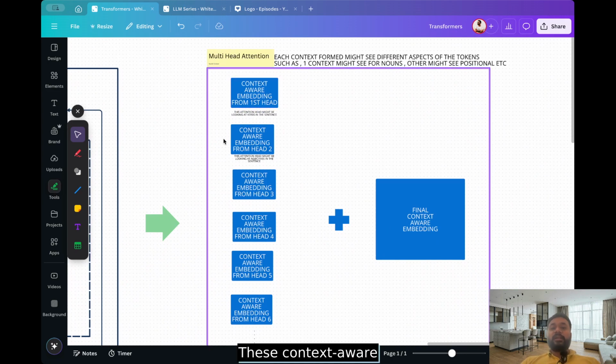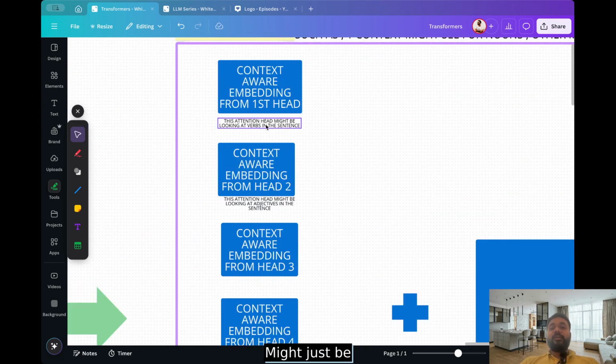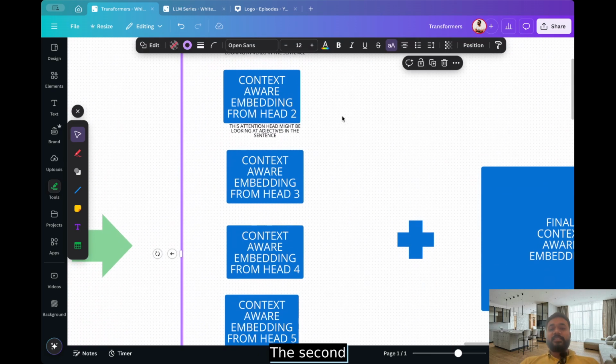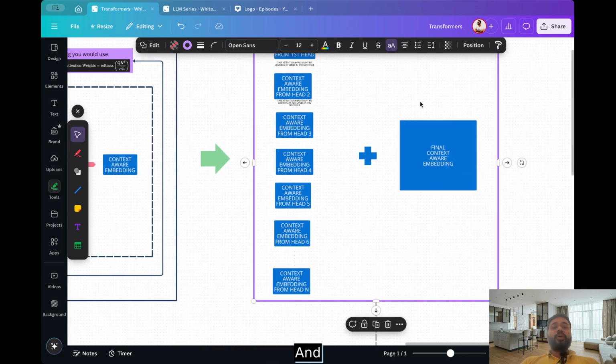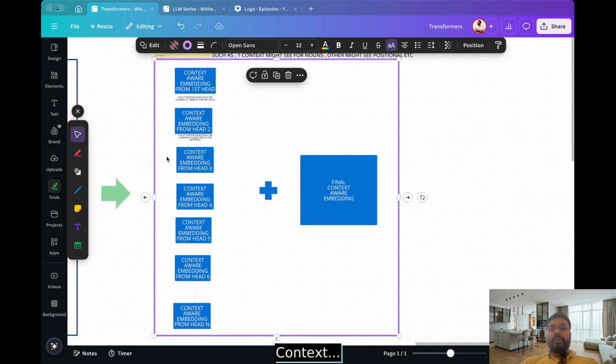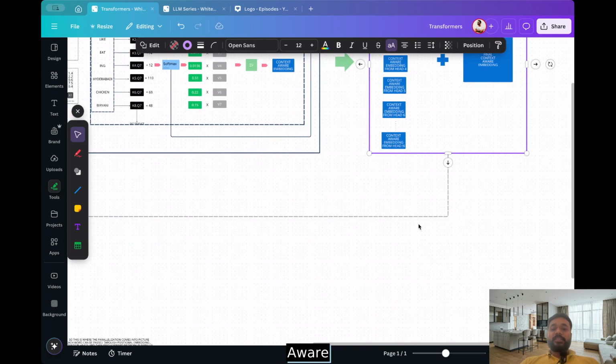Once you have these context-aware embeddings from your multiple heads, the first head might just be looking into the verbs in the sentences, the second head might be looking into the adjectives, and so on. And then you will finally consolidate all the context from all the heads, and you will have your final context-aware embedding.